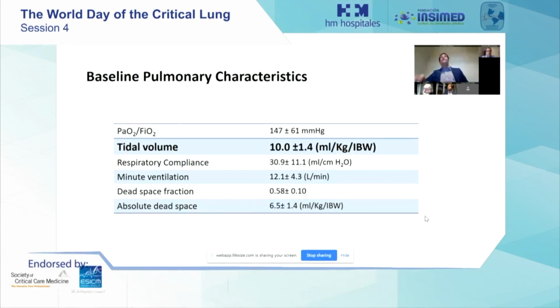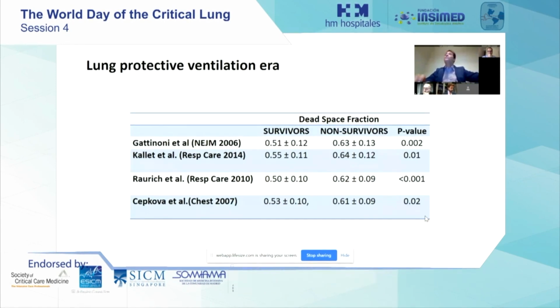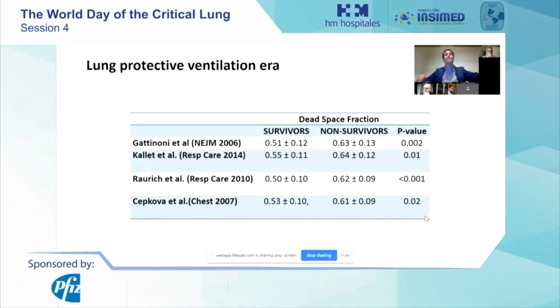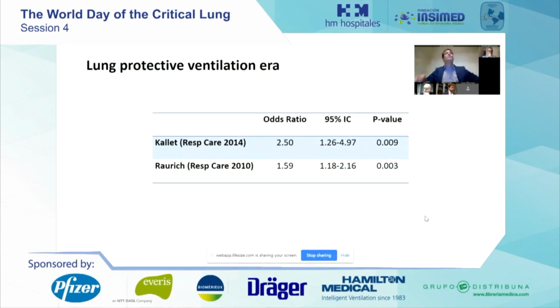However, in the low tidal volume ventilation era, several authors still confirm that this holds true. The dead space fraction is significantly elevated in non-survivors compared to survivors. It is also associated with an increased risk of death.